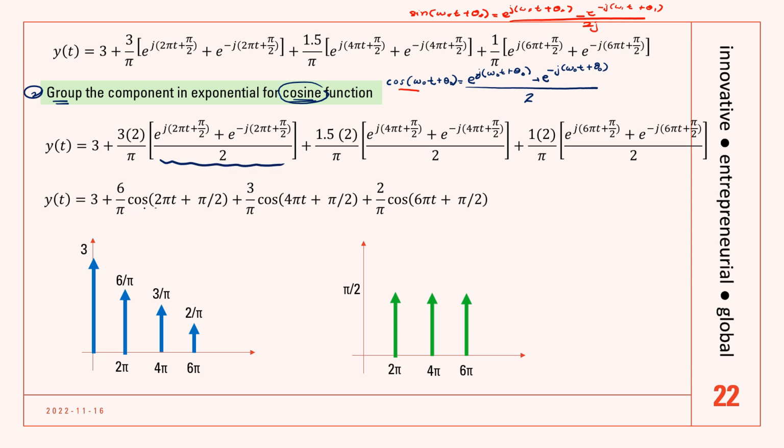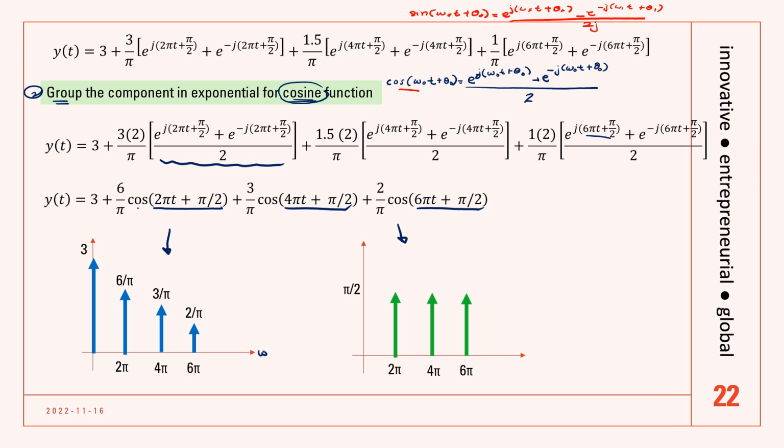So you can change here to cos of whatever is inside this bracket, cos of whatever is inside this bracket. And from there, from what we have learned in part 1, you can straight away plot the amplitude spectrum and phase spectrum.